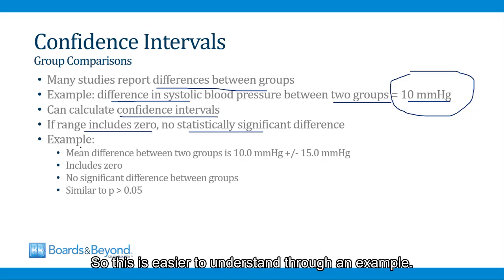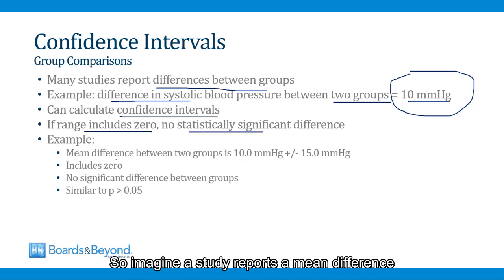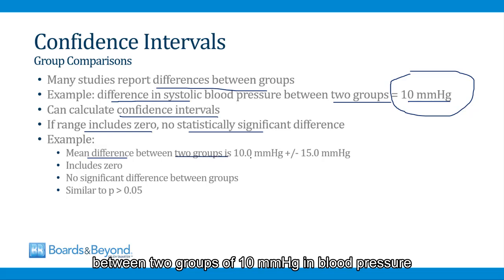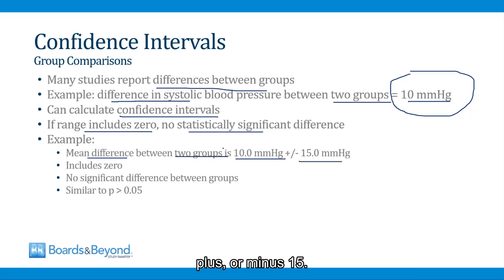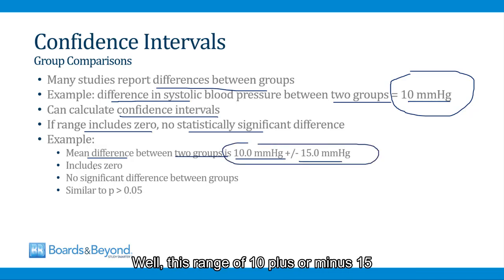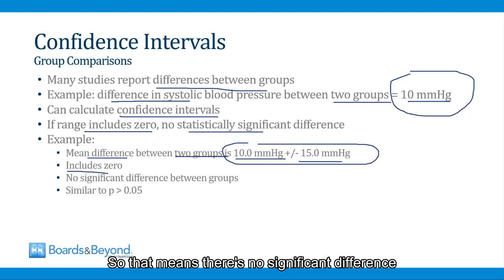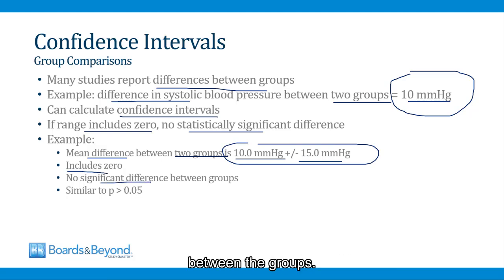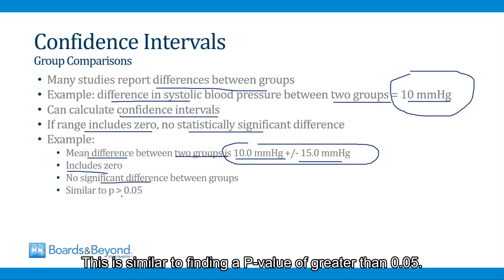So this is easier to understand through an example. So imagine a study reports a mean difference between two groups of 10 millimeters of mercury in blood pressure plus or minus 15. Well, this range of 10 plus or minus 15 includes the number 0. So that means there's no significant difference between the groups. This is similar to finding a p-value of greater than 0.05.